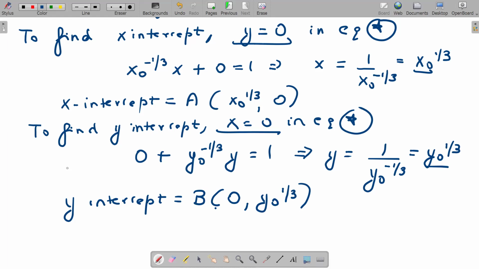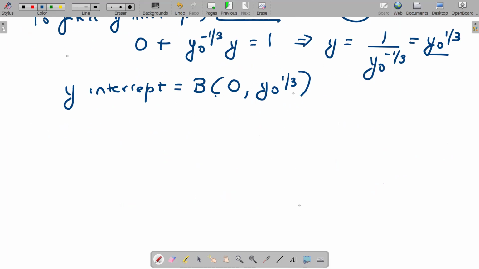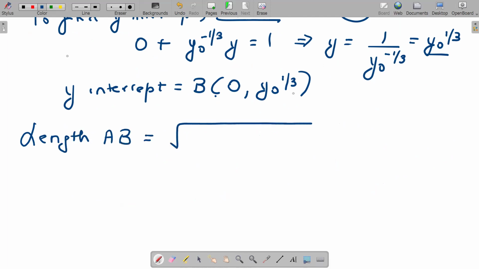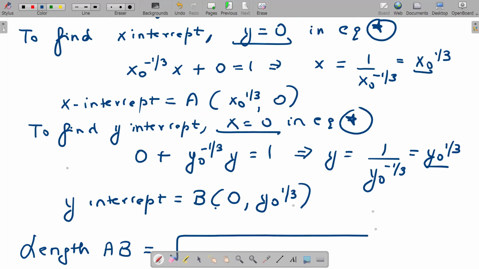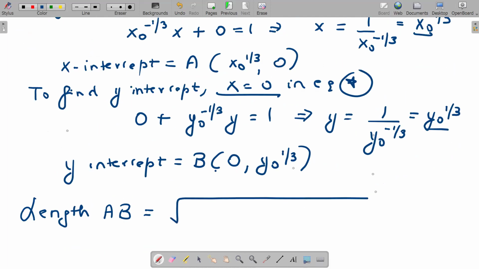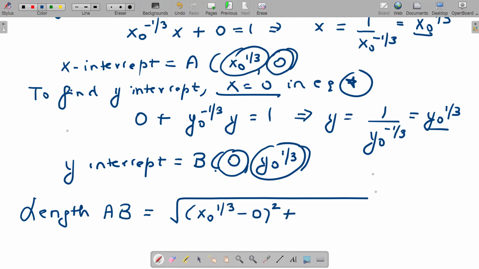Now using the distance formula, how can I find AB, the length? Length AB using the distance formula is, remember how we use the distance formula? It is this minus this square, again, I've covered this in coordinate geometry, plus this minus this square.